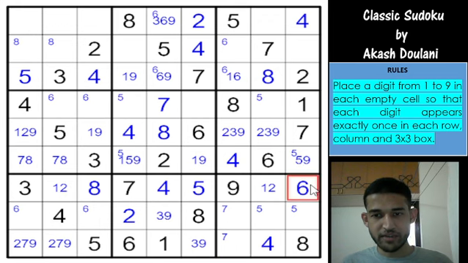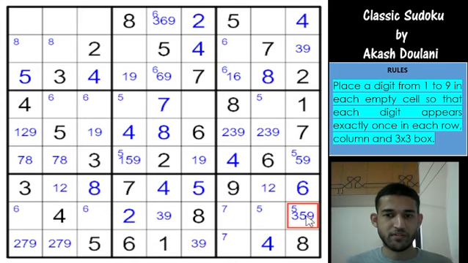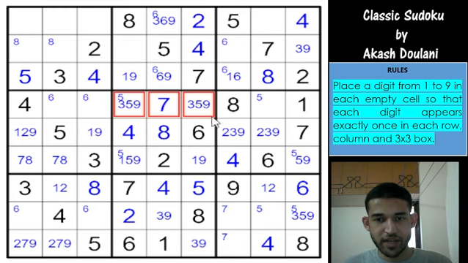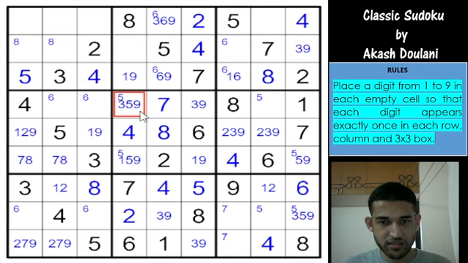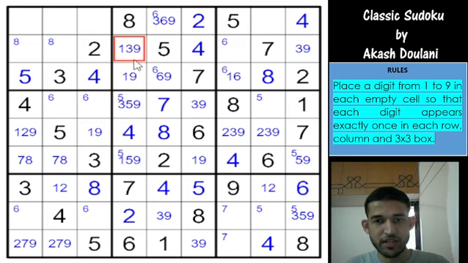So 1, 2, 4, 7, 6 and 8. So this would be 3, 9. That has to be a 3, 5, 9. And these two cells must be 3, 5, 9. 5 gets eliminated here, and this has to be 3, 5, 9. Okay. This has to be 1, 3, 9.